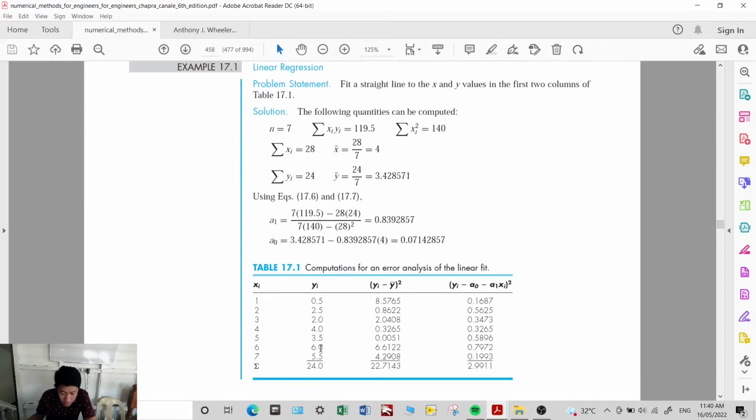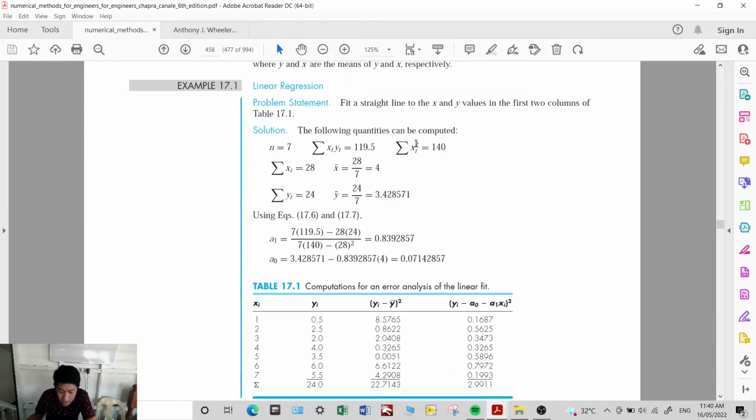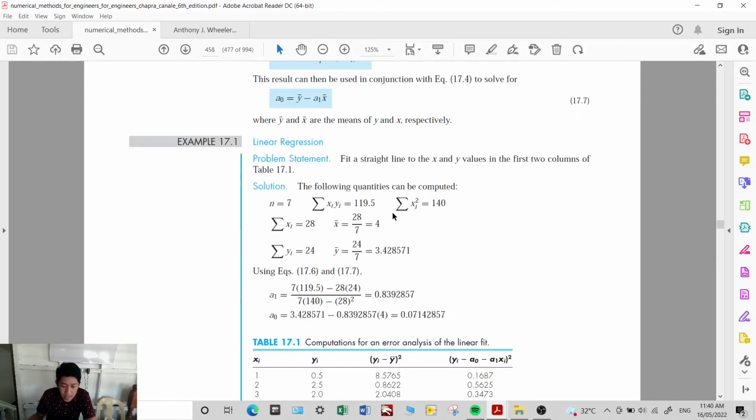So based on this data, we'll get that the summation of the squares of x is 140, summation of xi yi is 119.5, summation of x is 28, and this is the mean of x. The mean of y is also 3.4, 2.8571.